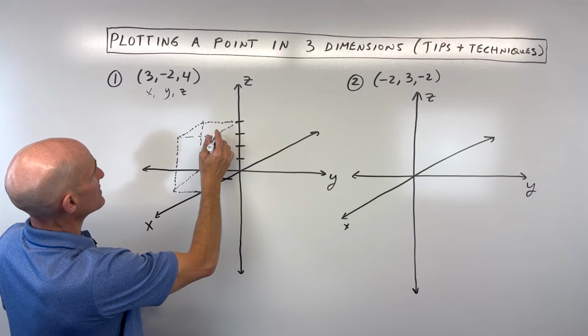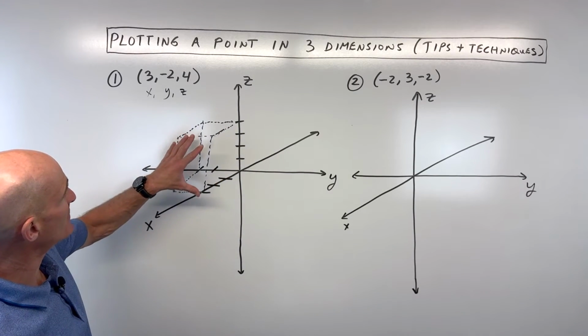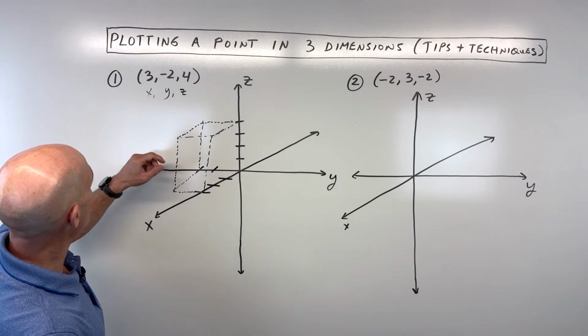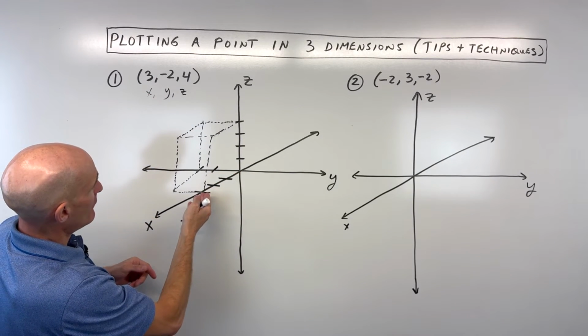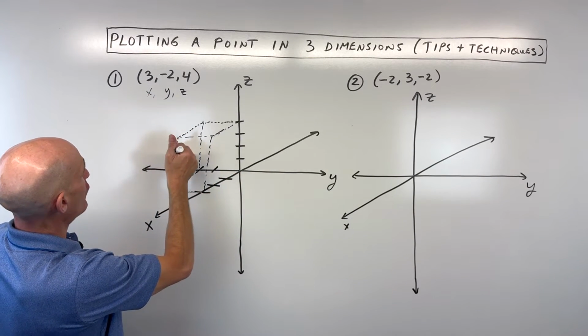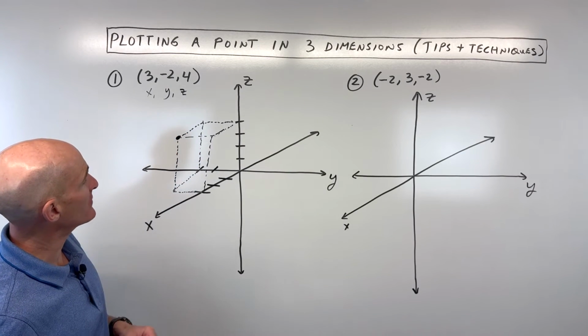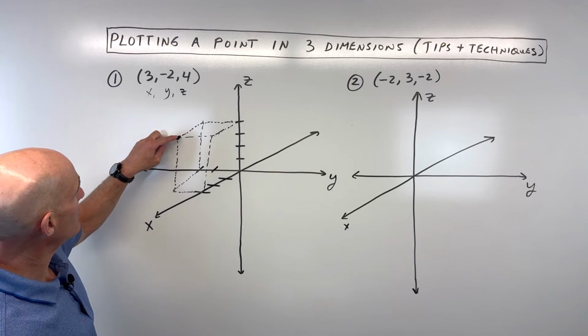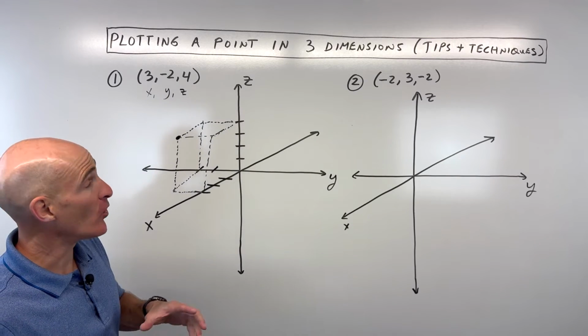Not the best graph, but you can see now this is basically a prism, and our point is forward 3, left 2, up 4. So it's going to be right here at the corner of this prism or box, and you got it. So let's do another example.